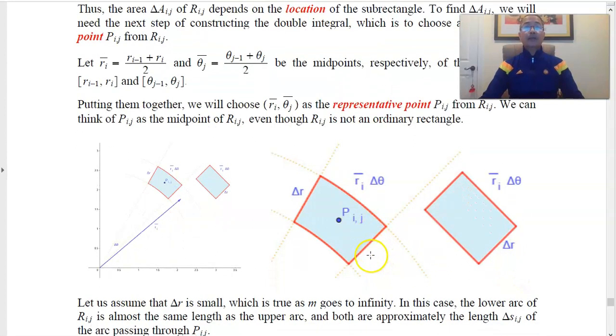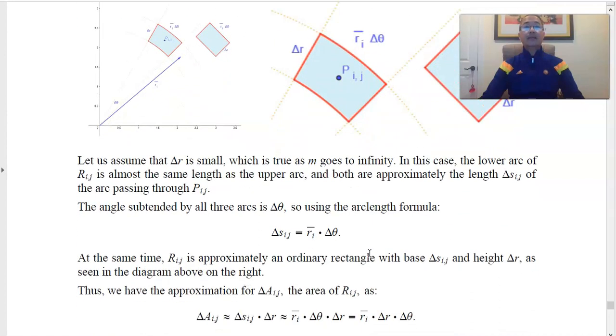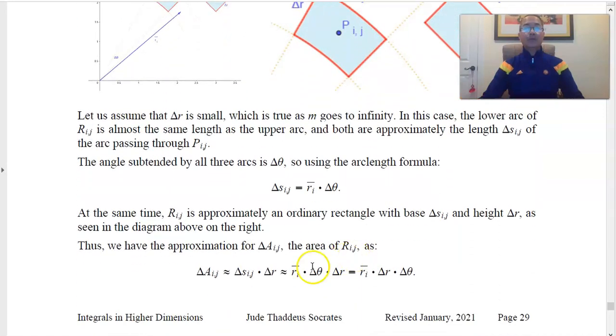So put them together. The area of that subrectangle will be the width times the height, delta R. So the width is the arc length, Ri bar times delta theta, times delta R. Now it's going to look better if the delta R is next to the Ri bar, so we're going to put the delta theta outside.